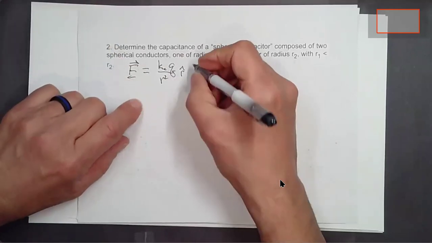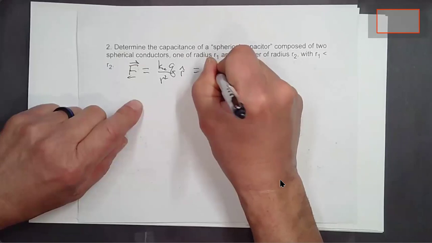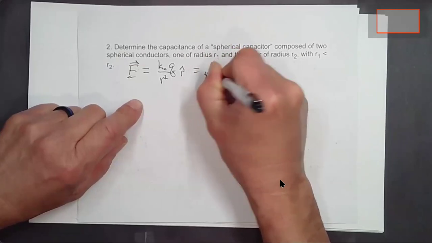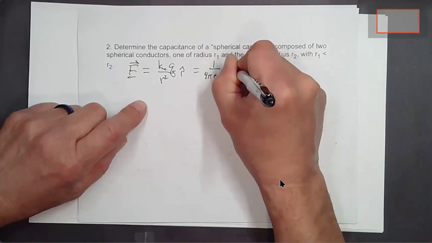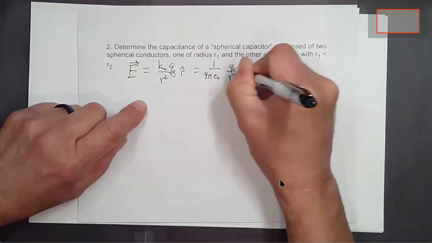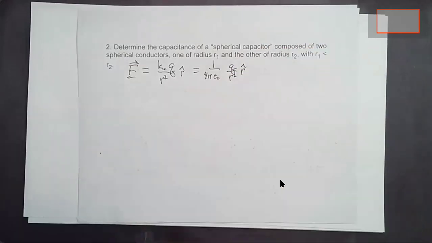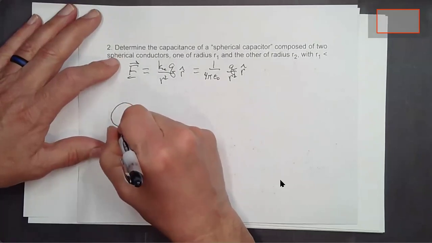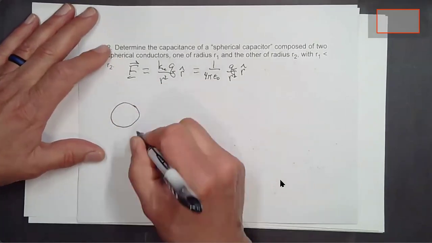And we could also write this as 1 over 4 pi epsilon naught Q over R squared in the R hat direction. So we can do that. But now we're going to imagine some kind of a cutaway view here.